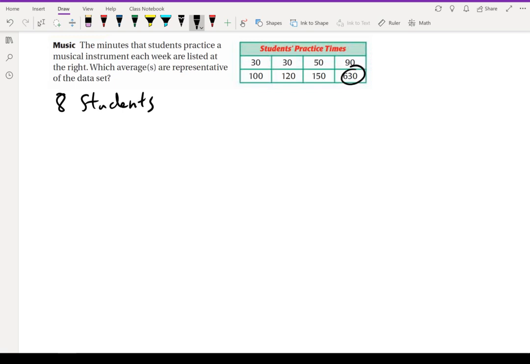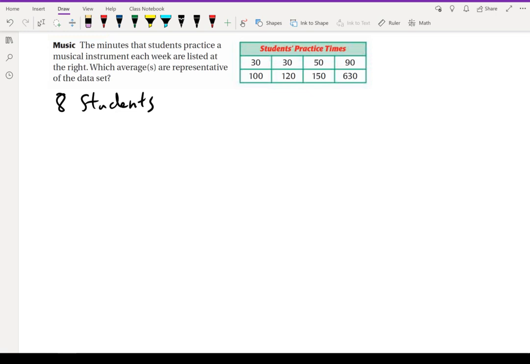We can see this person really practices a lot, and these people don't really practice much. They're just playing for the sake of playing. Maybe this is in minutes: 30 minutes a week, that's very little.